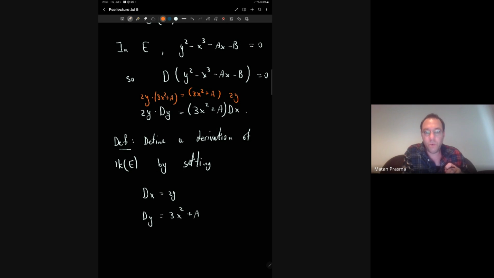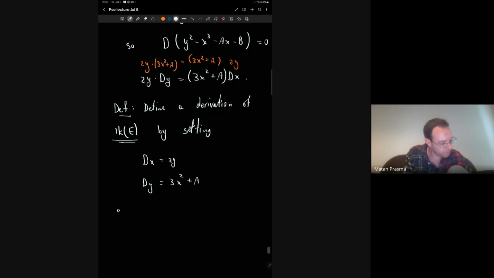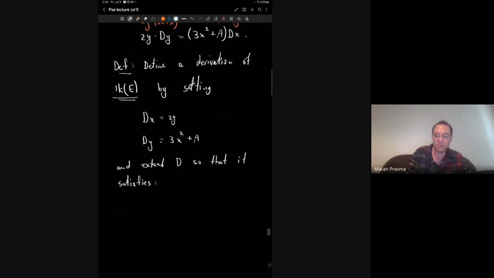We now want to define the derivative for all rational functions. Rational functions on E have two variables, X and Y, and they are quotients of polynomials. But we want the usual properties of derivative. So I extend D so that it satisfies the usual properties of derivative.